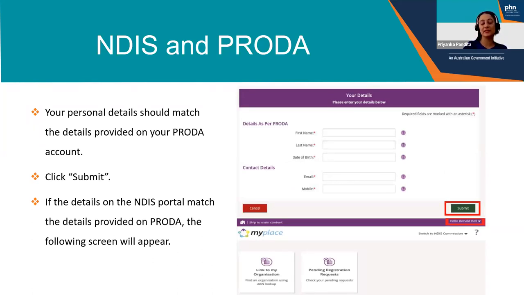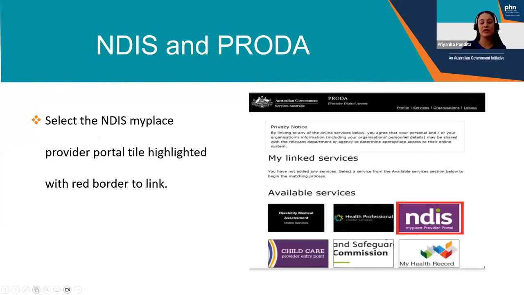Just make sure the details you enter match the details on your PRODA account. Once these details match, you can hit submit, and it will link your NDIS My Place provider portal to your PRODA account. Once it's linked, it will come up here under My Linked Services, and you can use it via this.